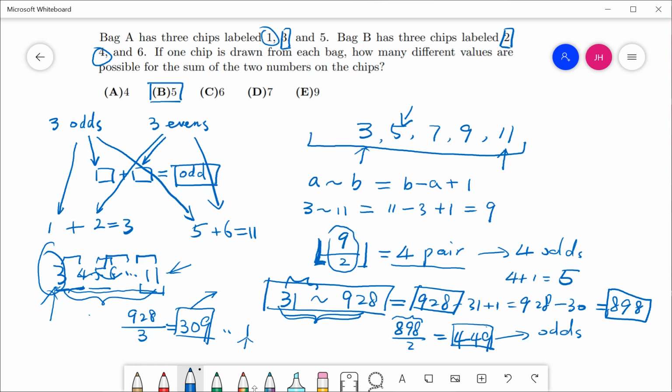Let's say since we count from the start, the leftover will be 928. Is 928 a multiple of 3? Of course not. Therefore, we only have 299 multiples of 3 within the range of 31 to 928.